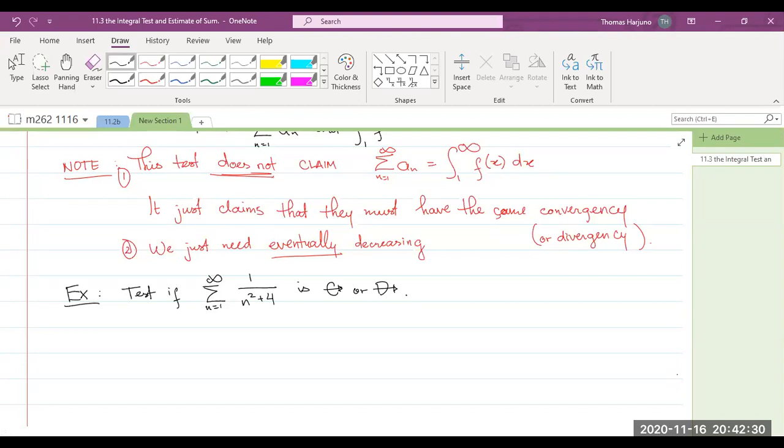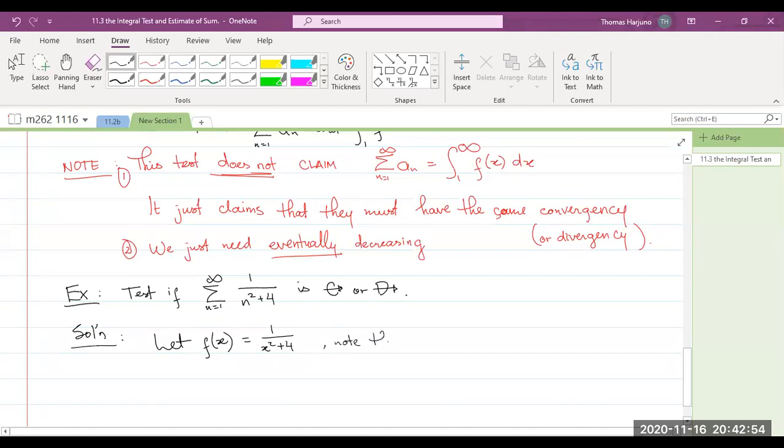It's definitely not a geometric series, right? Let the function f(x) equal 1 over x squared plus 4, right? Note that this function is a superposition function.